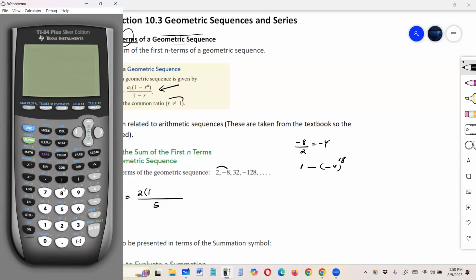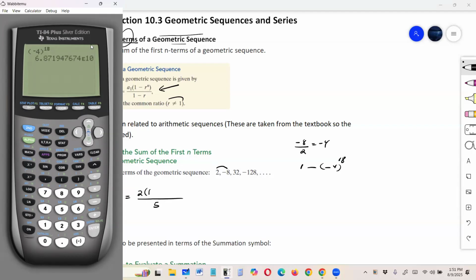So you have to do parentheses minus 4 to the 18. I entered it incorrectly. So minus 4, then close parentheses, 18. So this is the answer that you want. It's a positive answer.